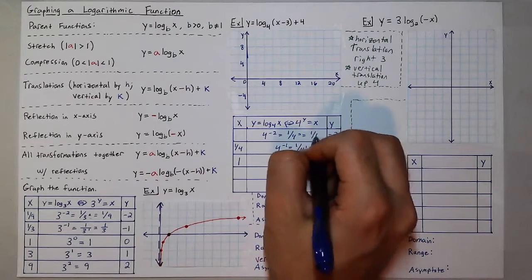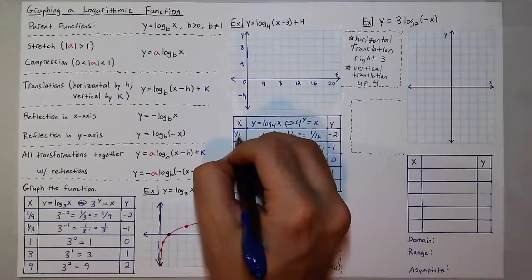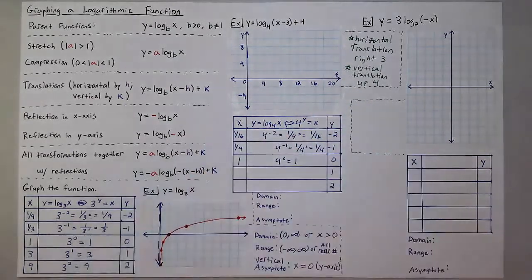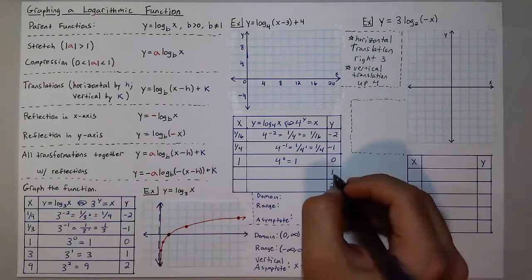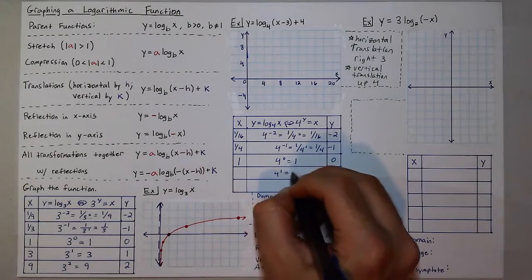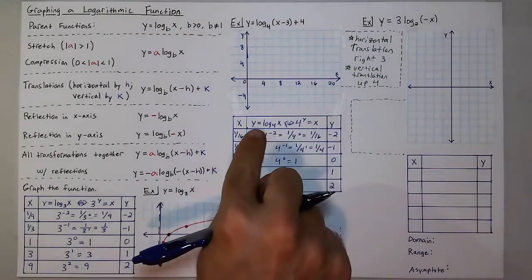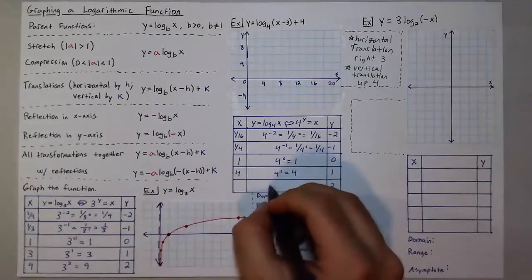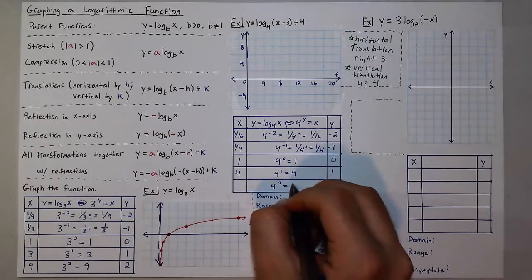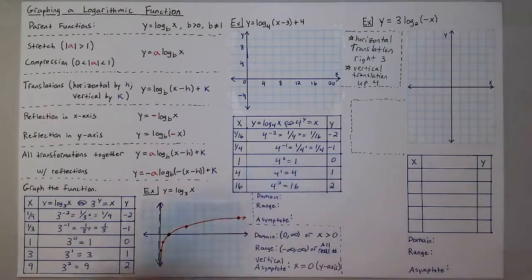It's 1/16. So when x is 1/16, y is -2. Now when I plug in 1, I get 4 to the first power. It's giving me 4. So when x is 4, y is 1 for log base 4 of x. And when y is 2, x is 16.